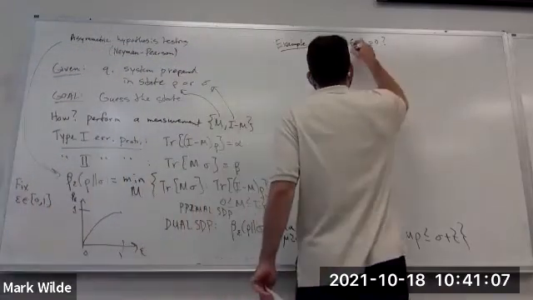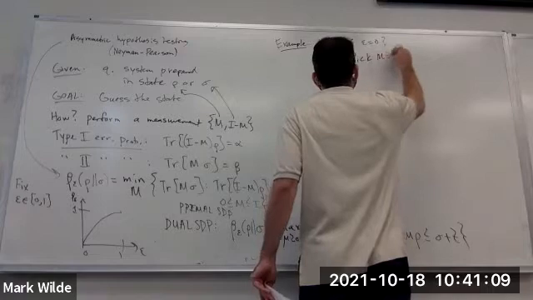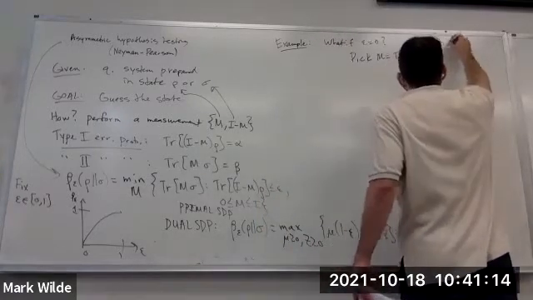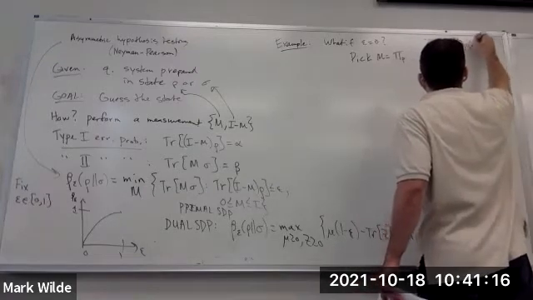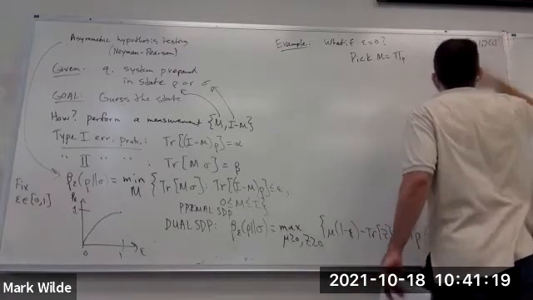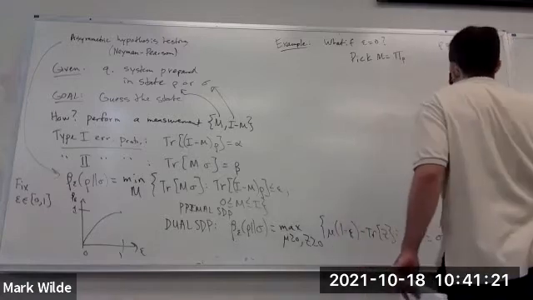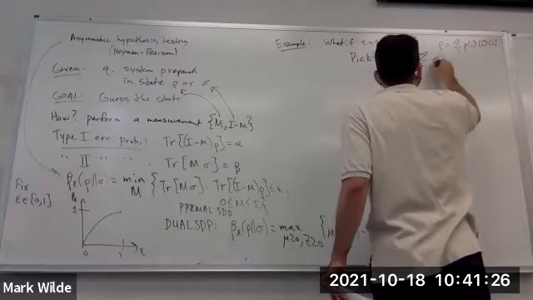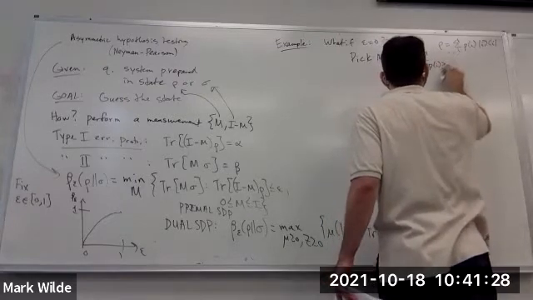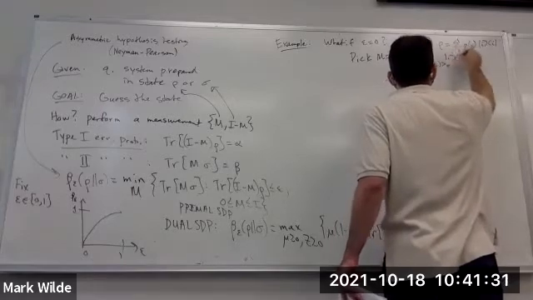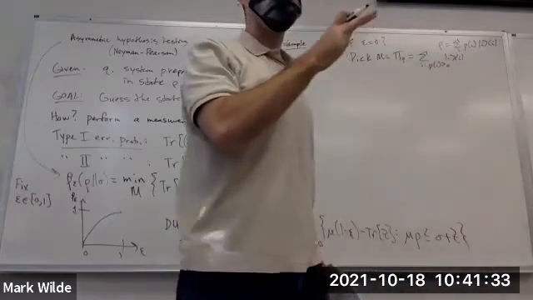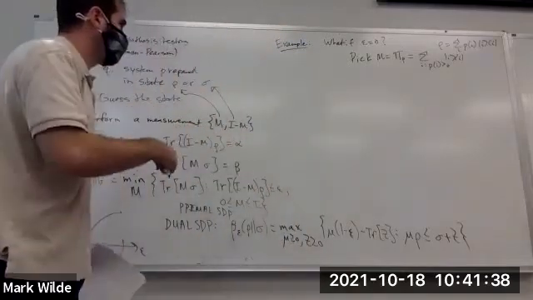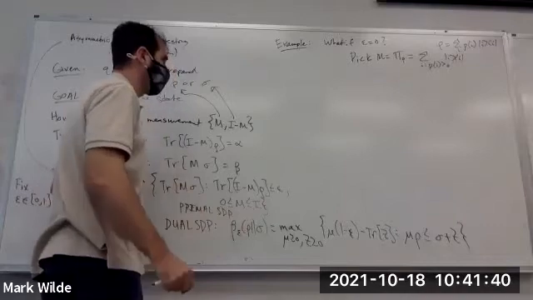Then you can pick M equal to the projection onto the support of rho. So if you can write rho like this, the projection onto the support of rho are the values of i for which p_i is strictly greater than 0. That projection, right? And so you can see that it satisfies the constraint. It's a legitimate measurement operator.